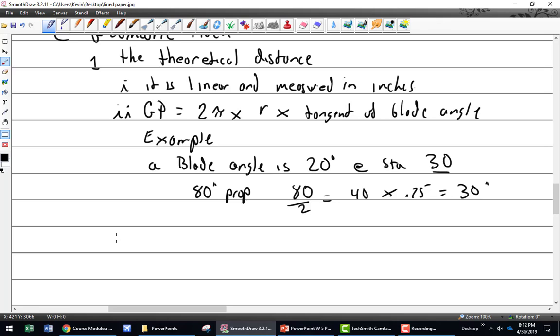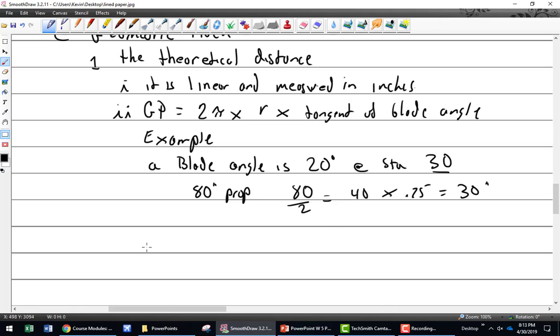So I take my prop protractor, and first I have to establish a zero reference line, which we talked about yesterday, which is the crankshaft or something in line with the plane of rotation. And I could figure out the angle at the 75% station. So all I need is a protractor and a tape measure, right? I could run out there, measure it, divide by 2, figure out the 75% station, measure out 30 inches, put a protractor on there, figure out that it's 20 degrees, and run away, right?